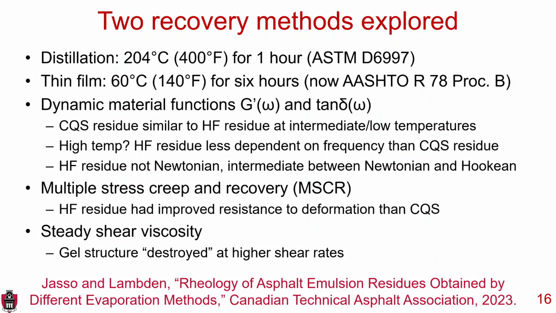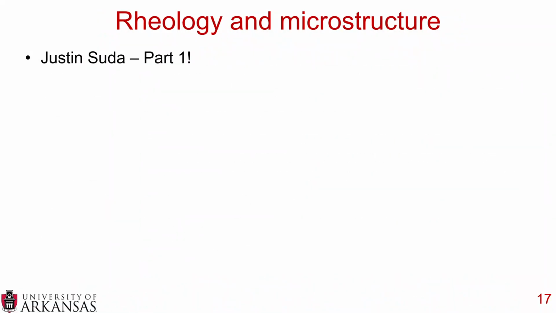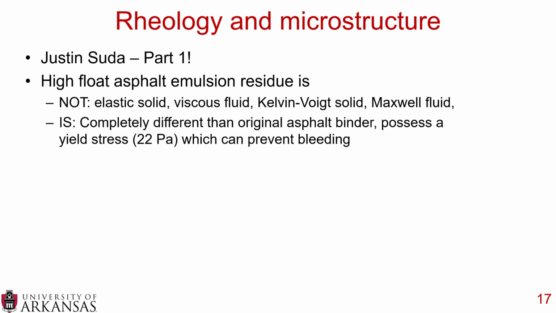Now, for emulsion characteristics, we're going to finish up with Justin Suda. He has published two very, very interesting papers on rheology and microstructure of high float asphalt emulsions. He found that high float asphalt emulsion residue is not an elastic solid, it's not a viscous fluid, it is not a Kelvin-Voigt solid, and it is not a Maxwell fluid.